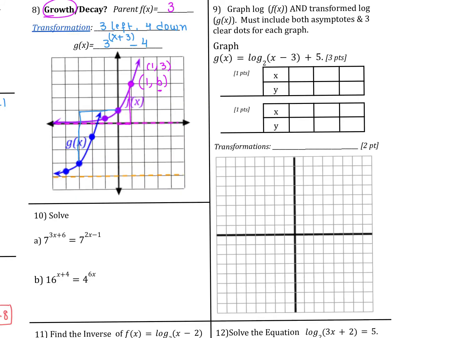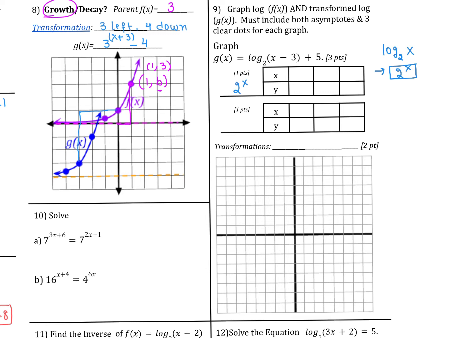So for question number 9, in order to graph log base 2 of (x minus 3) plus 5, first you want to know what is the parent function of log base 2. So the parent function of log base 2 is log base 2 of x. You change that into the exponential function, which is 2 to the power x, and that is what you're going to graph.